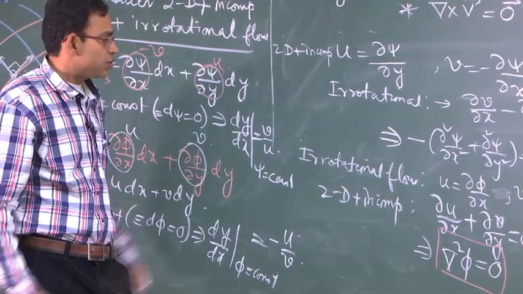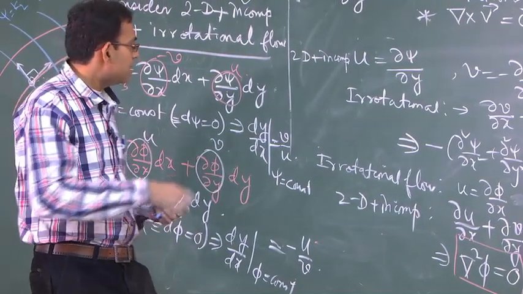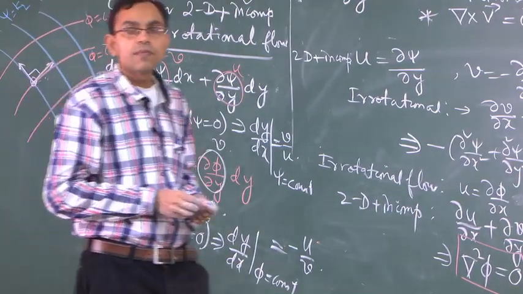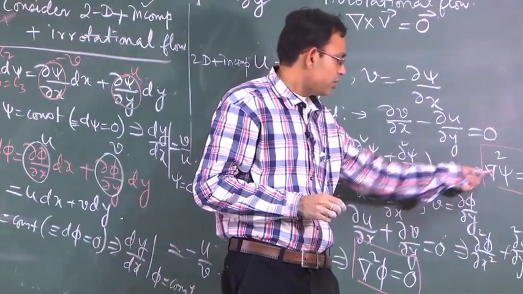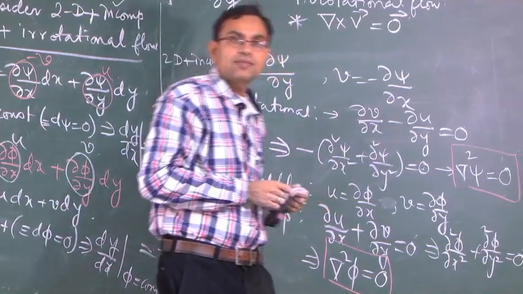Of course, their solutions will be different because their boundary conditions are different, but their solutions will be orthogonal in the space, and therefore solving these two equations will give you orthogonal sets of lines.